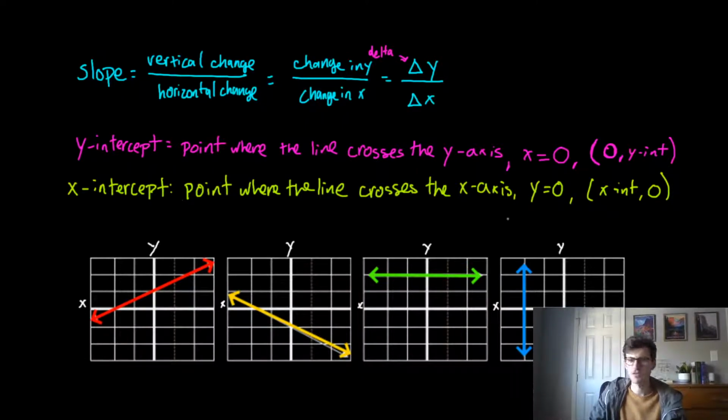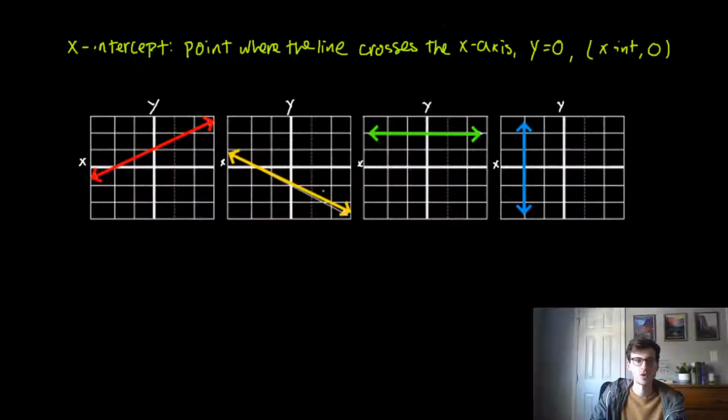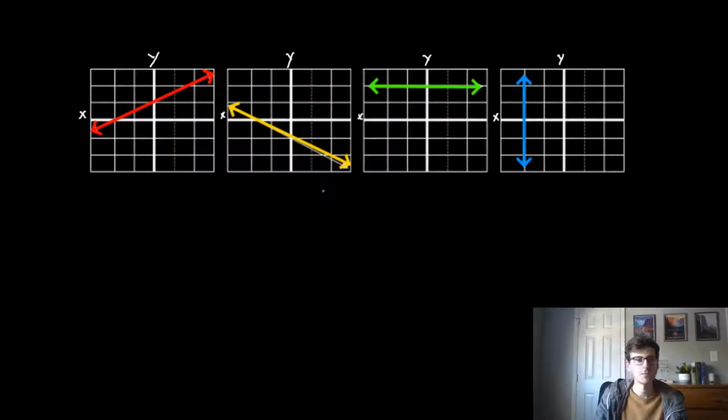Now let's look at these graphs below. I have some nice graphs here. And let's talk about types of slope and the x-intercept and the y-intercept. I'm not going to find the exact slope for now, but I just want to talk about types of slope, the x-intercept and the y-intercept as well. Okay, so if I look at this graph right here, I want you to think, as my x increases, does my y increase or decrease?